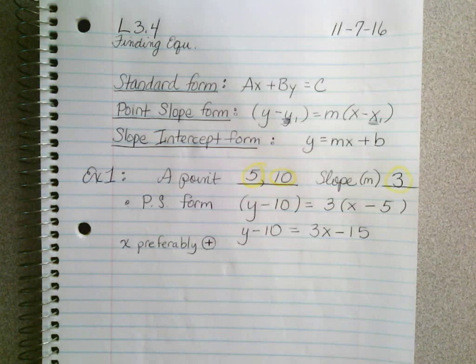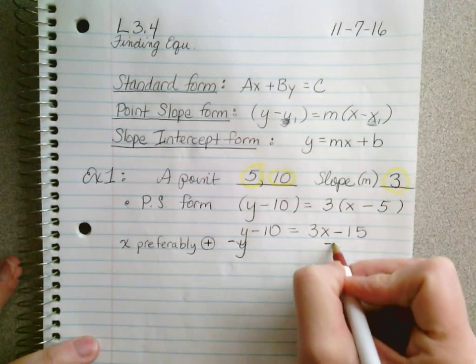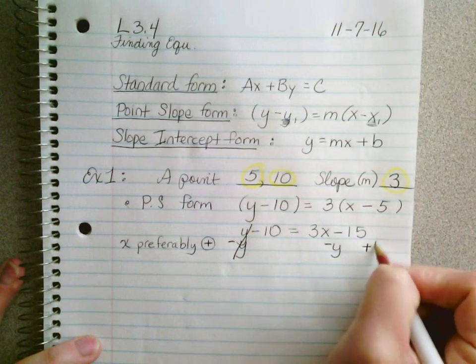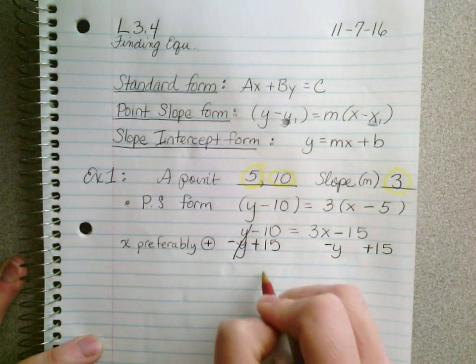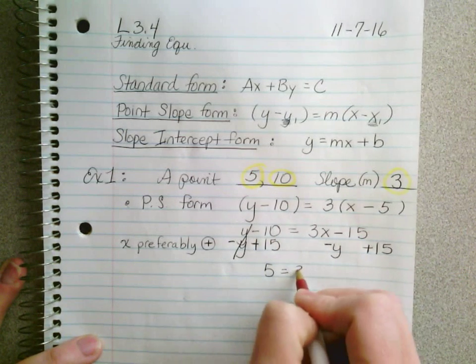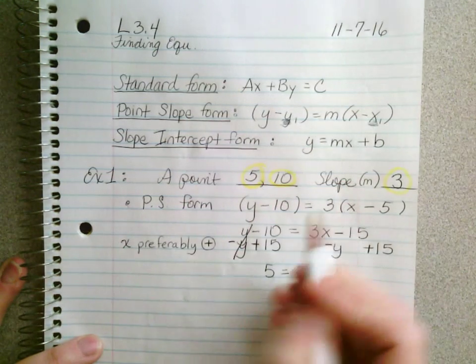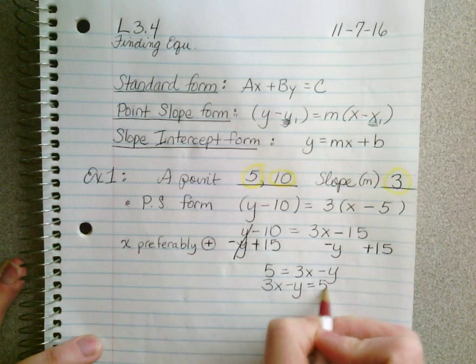So I'm going to bring my y's to the right because I want to keep that 3x positive, and bring my numbers to the left, giving me 5 is equal to 3x minus y. Or writing it left to right, 3x minus y equals 5.